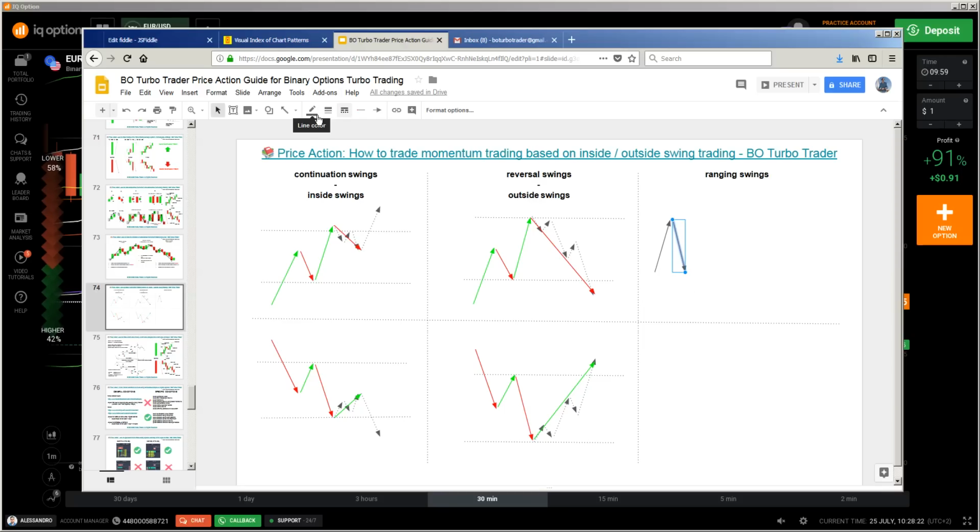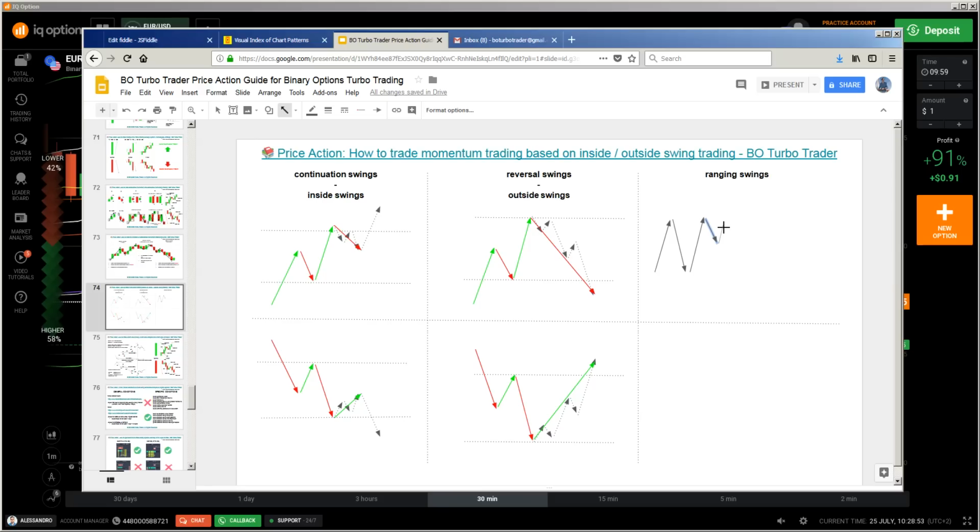Then we get up, down, and up, down, something like this, and then we get those kinds of movements here. So let me draw this. And in the next video, I will show you exactly how those things look on the live chart, and I will explain those things in more detail.